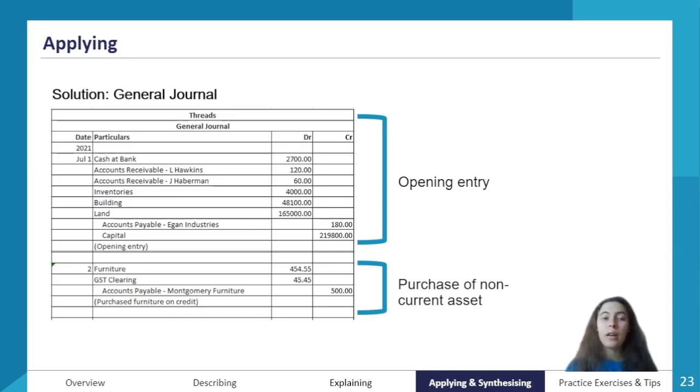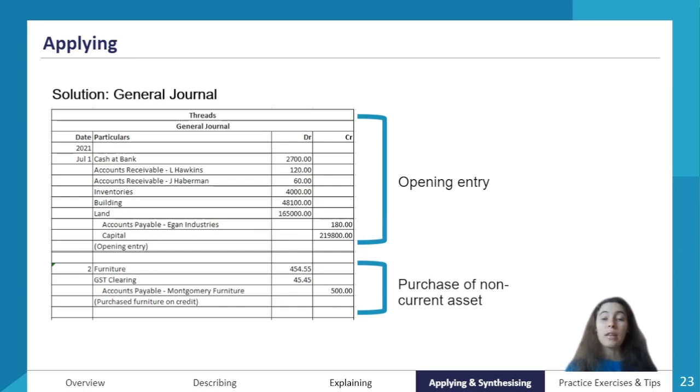So the idea of the opening entry is it's showing that you've already got stuff happening in the business. If you've got a brand new business, that is where you may not have an opening entry, because maybe the business doesn't have anything yet. It hasn't bought any non-current assets or anything like that.